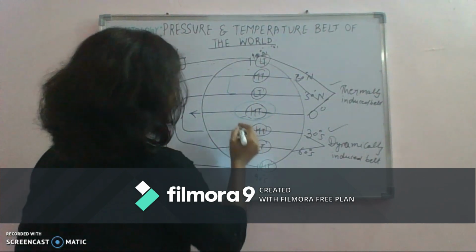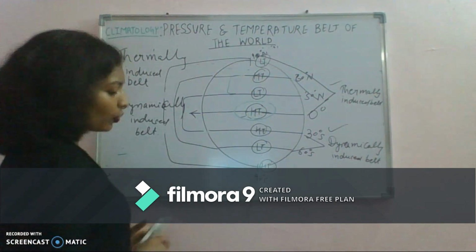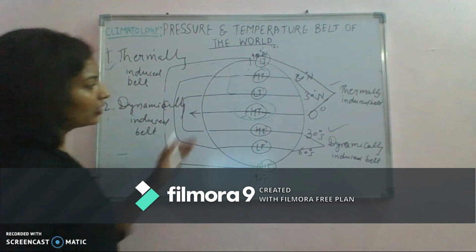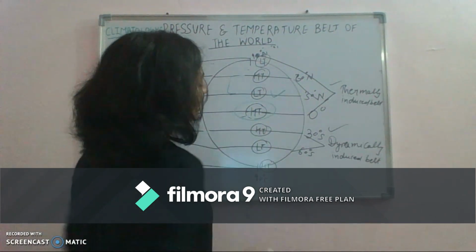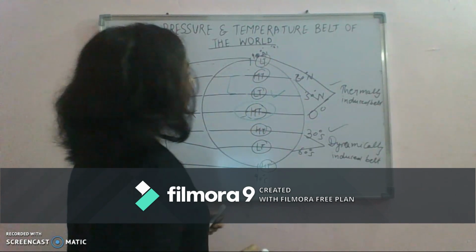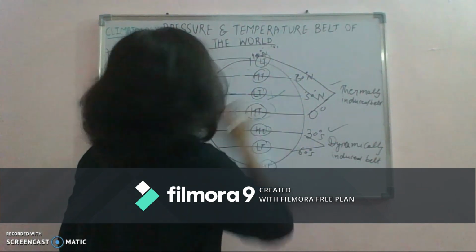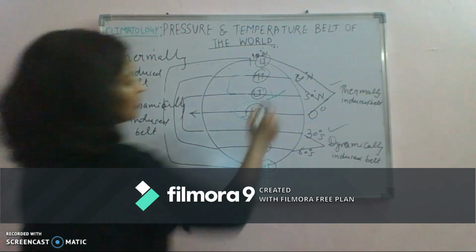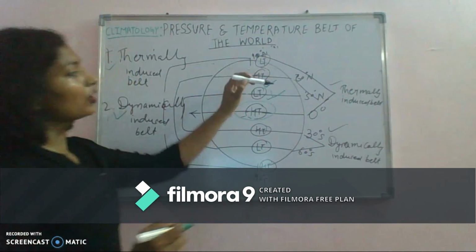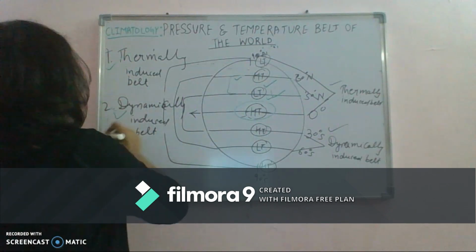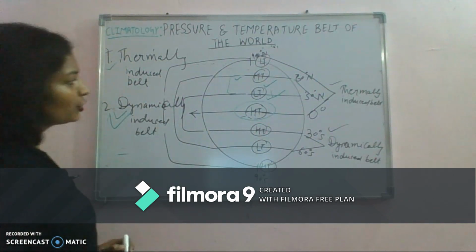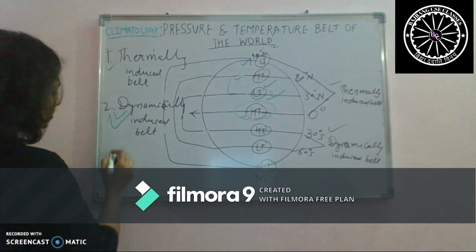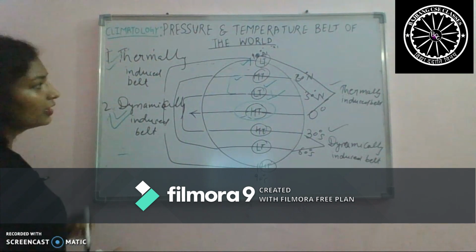This belt is known as the equatorial low pressure belt, which comes under the thermally induced belt. This belt is known as the subtropical high pressure belt, which comes under the dynamically induced belt. This is the subpolar low pressure belt, which again comes under the dynamically induced belt, and this is the polar high pressure belt, which comes under the thermally induced belt.